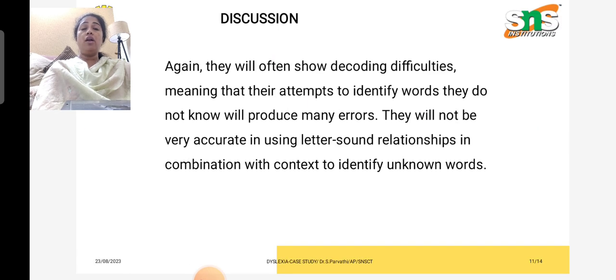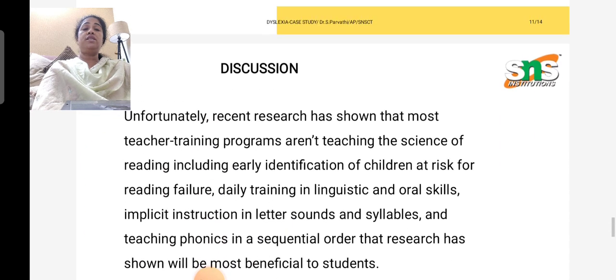Again, they'll often show decoding difficulties, meaning that their attempts to identify words they do not know will produce many errors. They will not be very accurate in using letter-sound relationships in combination with context to identify unknown words.